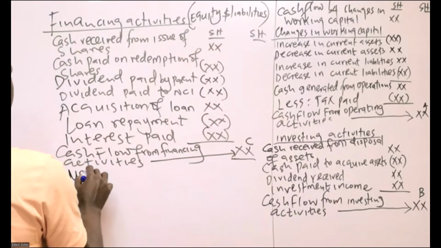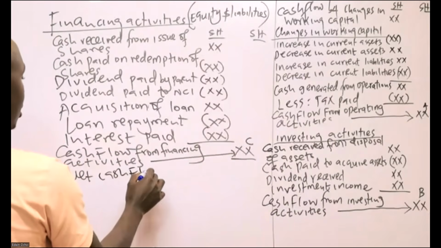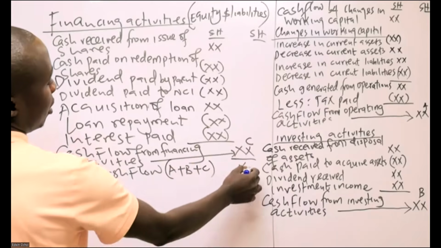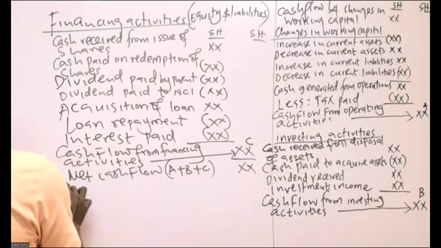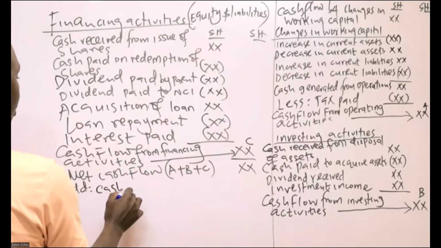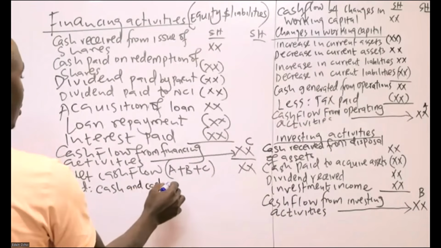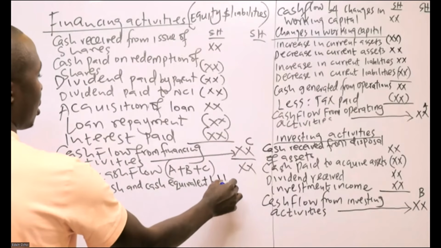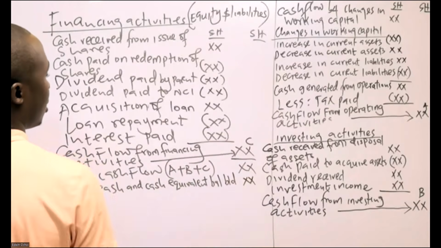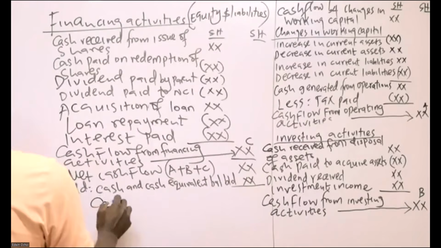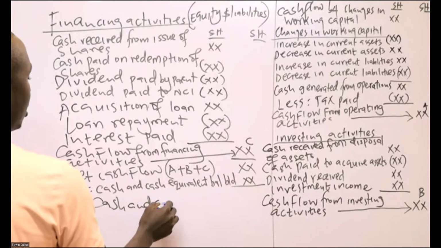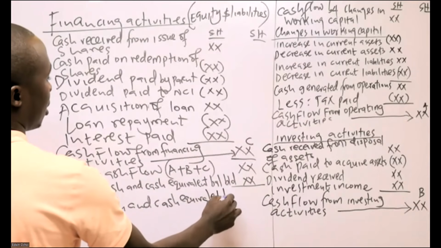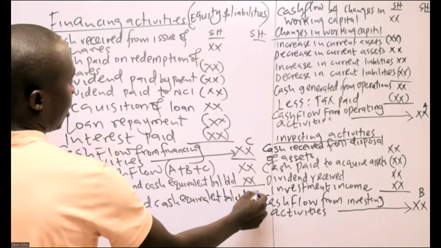To get the net cash flow, you say A plus B plus C. Then you add the cash and cash equivalent balance brought down, so that you get the cash and cash equivalent balance carried down at the end there.